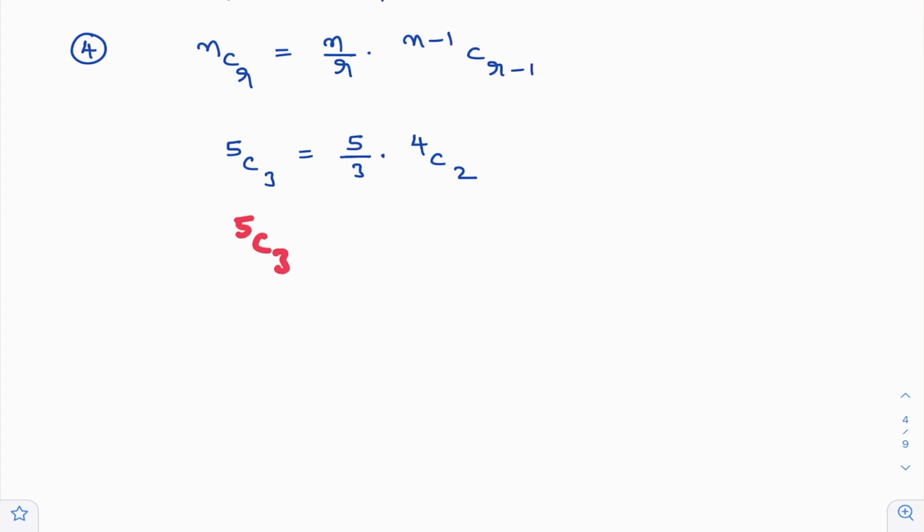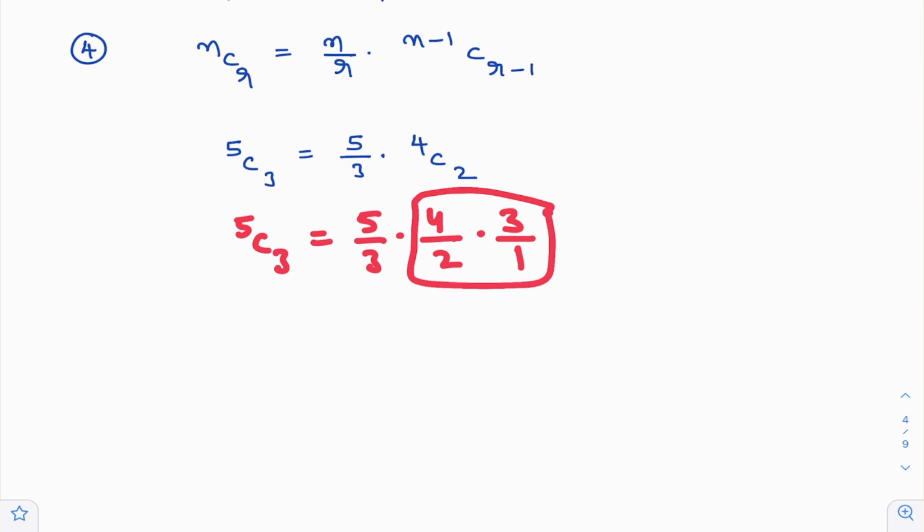Look here: 5C3 can be written as 5 by 3 into 4 by 2 into 3 by 1. You observe this part is 4C2, which is 4 by 2 into 3 by 1. It can be understood easily.